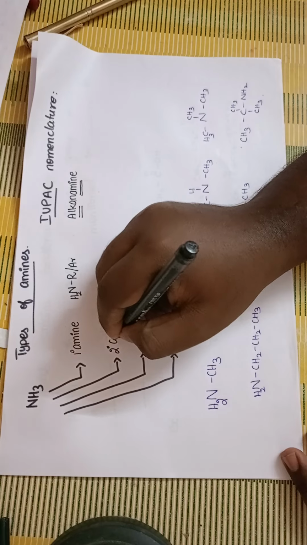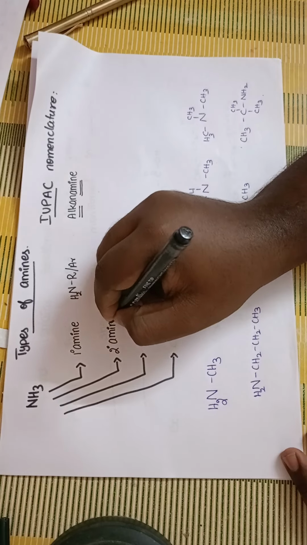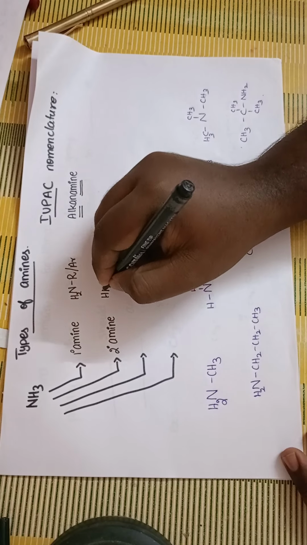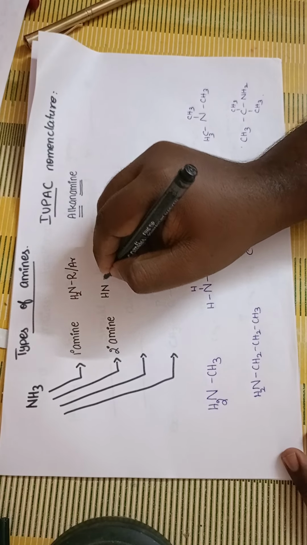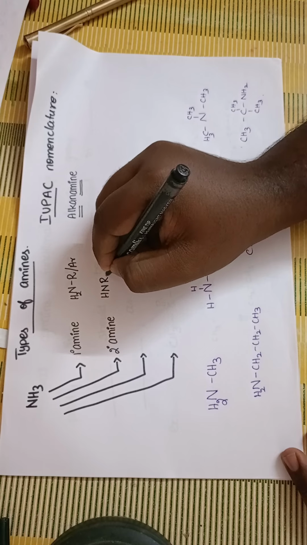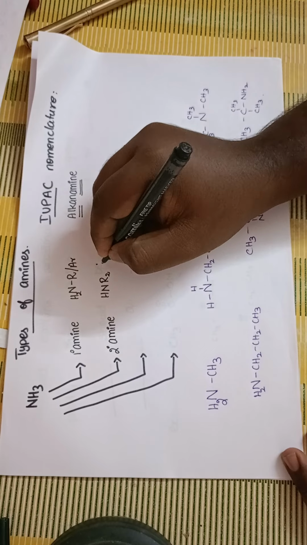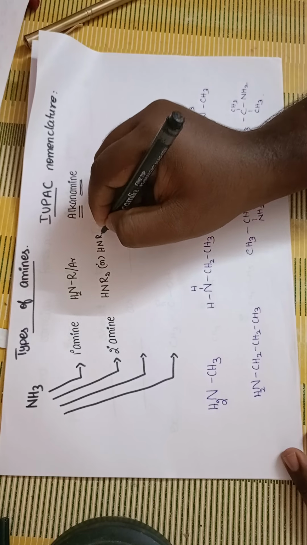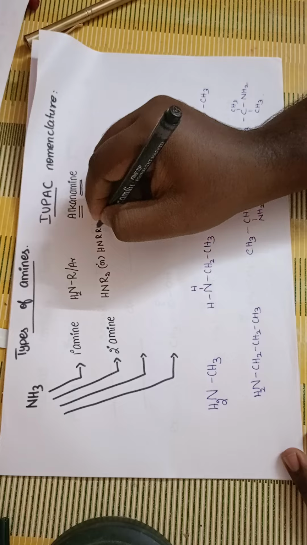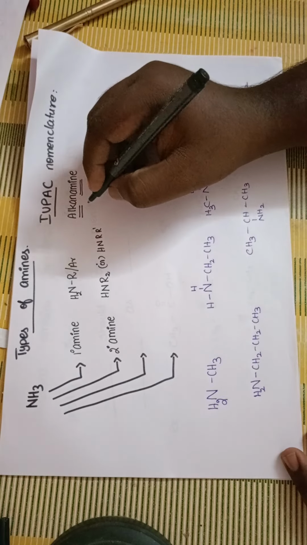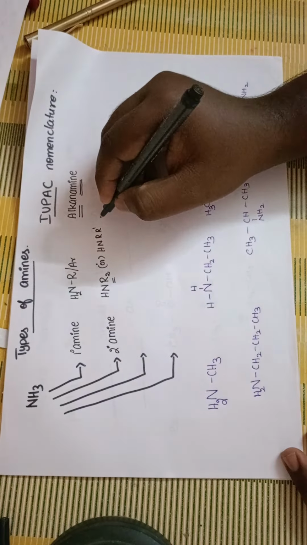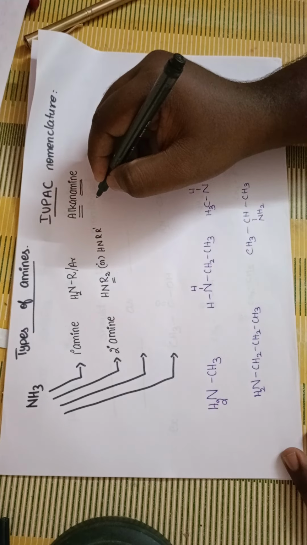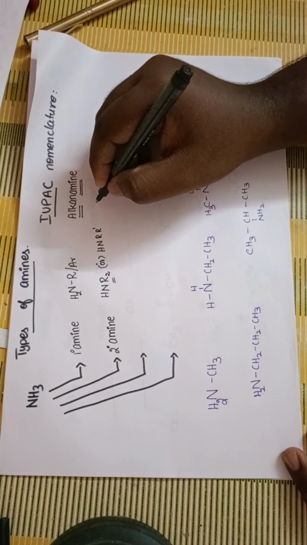Secondary amine means 2 hydrogens of ammonia are replaced by alkyl or aryl groups. One possibility is that both groups are the same, or the groups may be different, R and R dash.